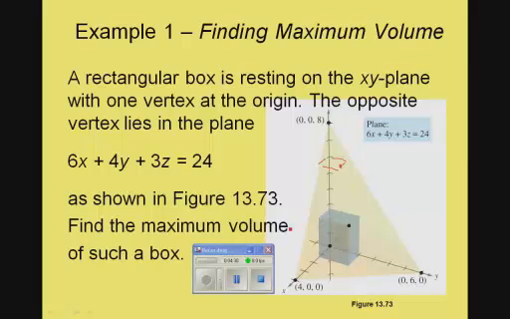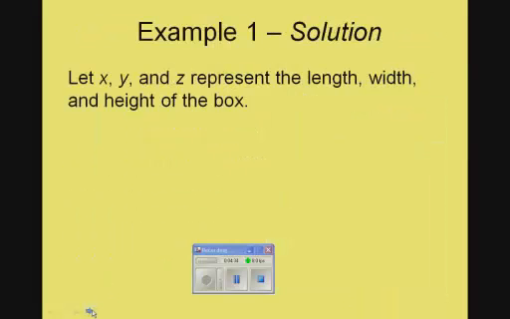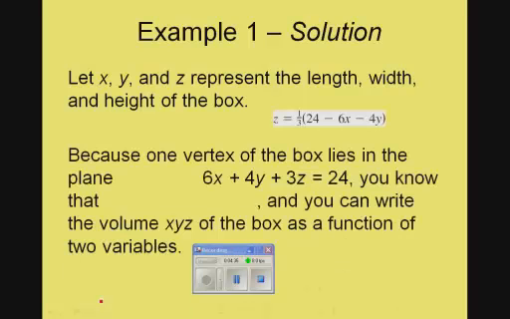And so they work it out for you in the book. Let me just zip you through it. They say let x, y, z represent length, width, and height, which is what you guys just did. Because one vertex of the box lies in the plane, you know that z is this. So they took the equation of the plane and solved for z.